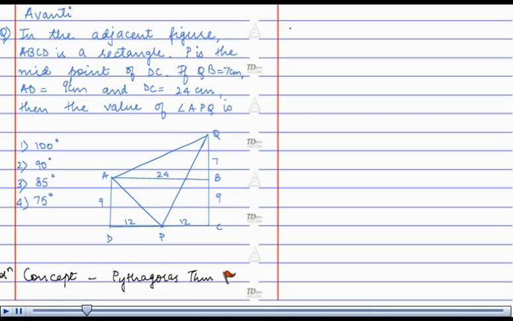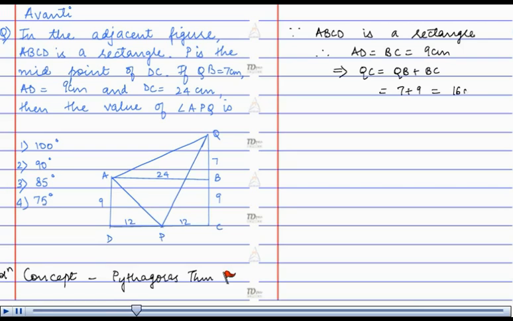Now since ABCD is a rectangle, therefore AD is equal to BC is equal to 9 cm. This implies QC is equal to QB plus BC, that is equal to 7 plus 9 is equal to 16 centimeters.